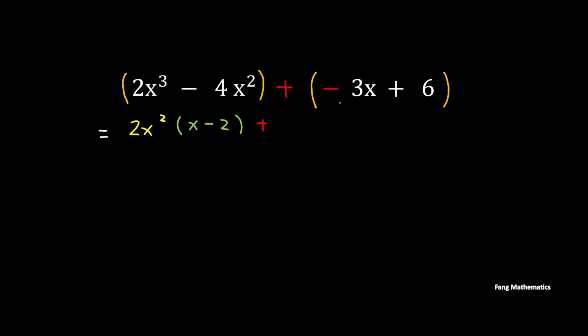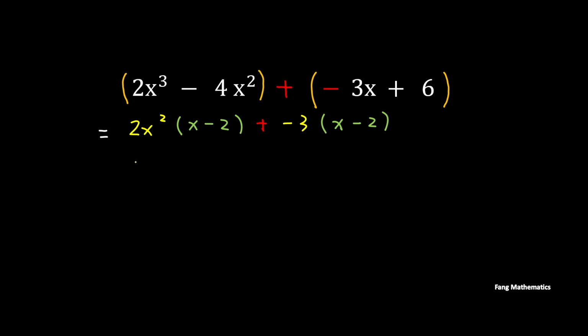So we are to factorize minus 3 instead of 3, and you should get minus 3 factored outside the parentheses, and inside the parentheses, you should have x minus 2. And this is what we want because both terms have the common factor x minus 2.